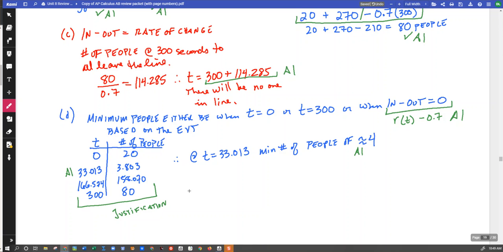and then lastly, if you correctly complete the extreme value theorem, you have to consider how many people are there when t equals 0. There were 20. How many people are there when there's 300 seconds? That would be 80. And when the in minus out rate is 0, which was at 3.803, or excuse me, at 33 seconds and at 166 seconds.